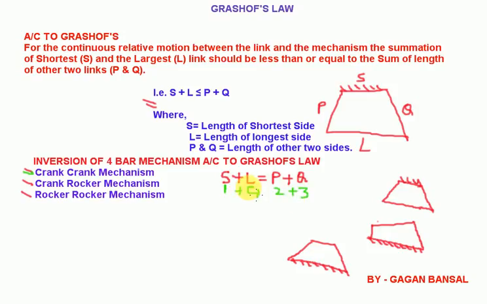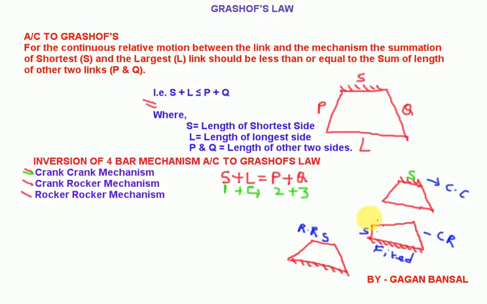In this case, if the shortest link is fixed, as you can see in the figure, it is known as a crank-crank or double crank mechanism, and if the link adjacent to the fixed link is the shortest, it is known as a crank-rocker, and if the shortest link is a coupler, it is a rocker-rocker mechanism.